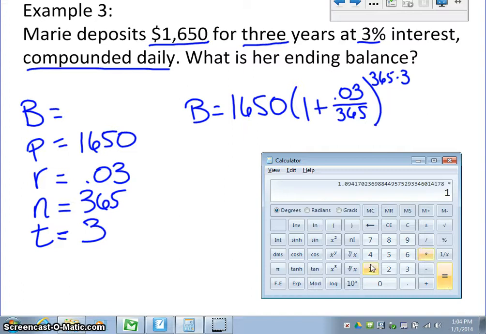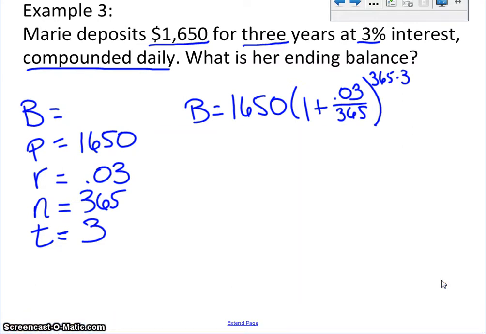Now we're going to multiply it by our 1,650, and we get a total of 1,805.38. Now I don't know about you, but that's much easier than doing this 1,095 times. So again, the answer is 1,805.38.